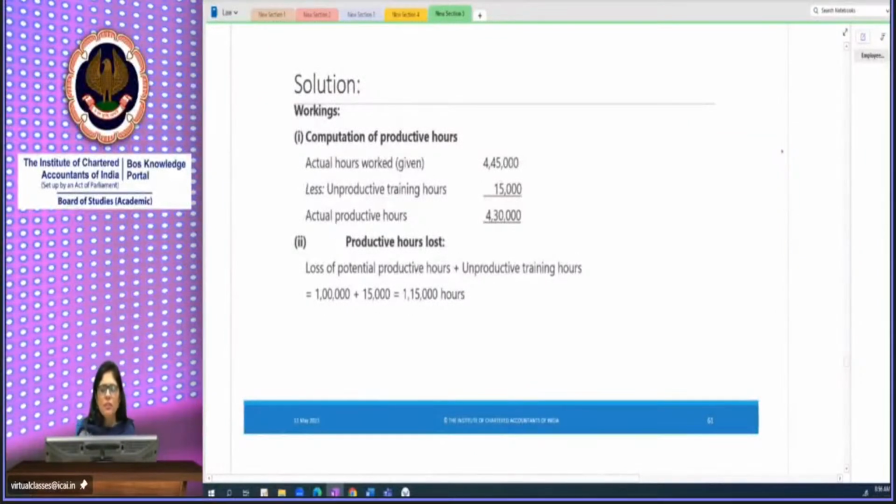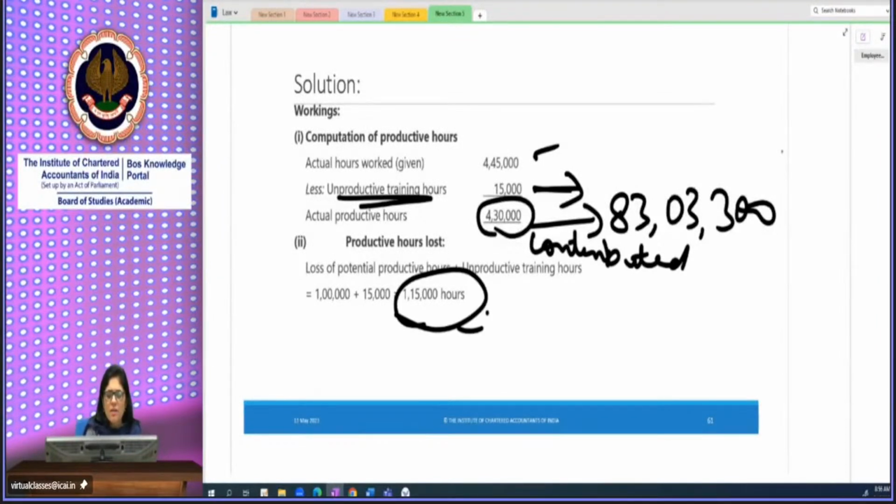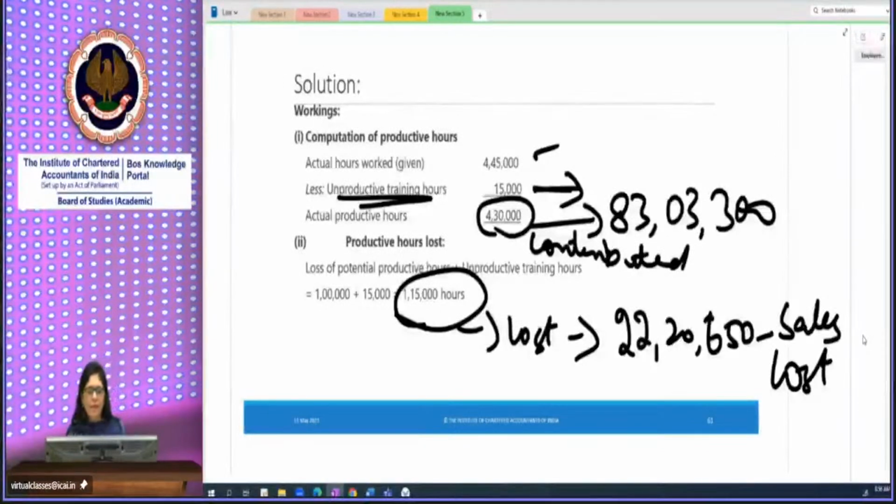Yes. So these are the total hours. These are the unproductive hours, and this is the total productive hours. These productive hours have contributed to this sale. So these hours are lost, and due to this 22,20,650 sales are also lost.